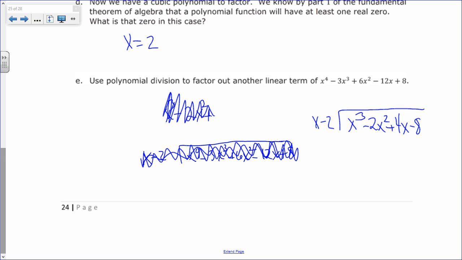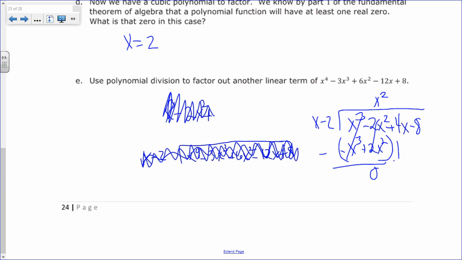Okay, so I have x squared, which gives x cubed minus 2x squared. I'm going to subtract that, change everything to the opposite, so they both cancel out.